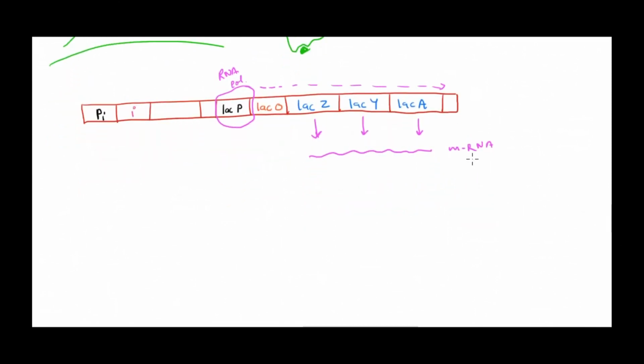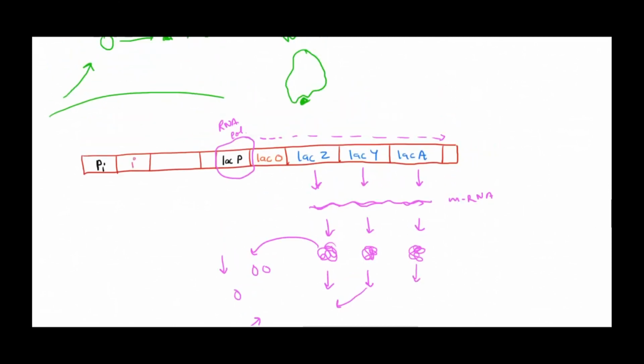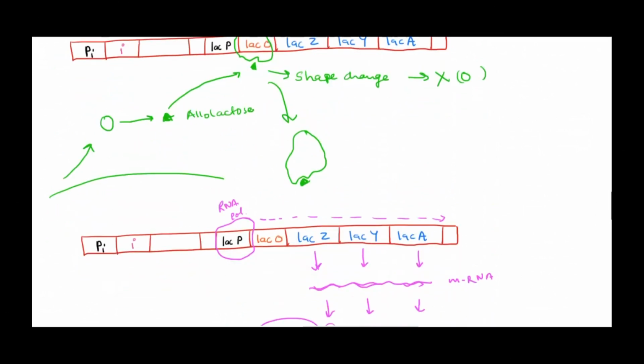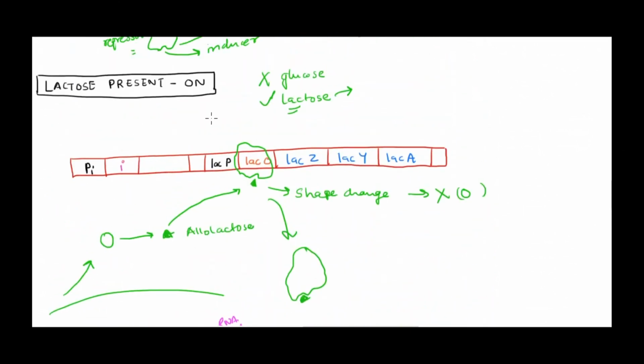So there will be polycistronic mRNA. This means it has the sequences of all three enzymes together, and that will be translated into three individual enzymes. So this is what happens when lactose is present in the environment. The genes get switched on.